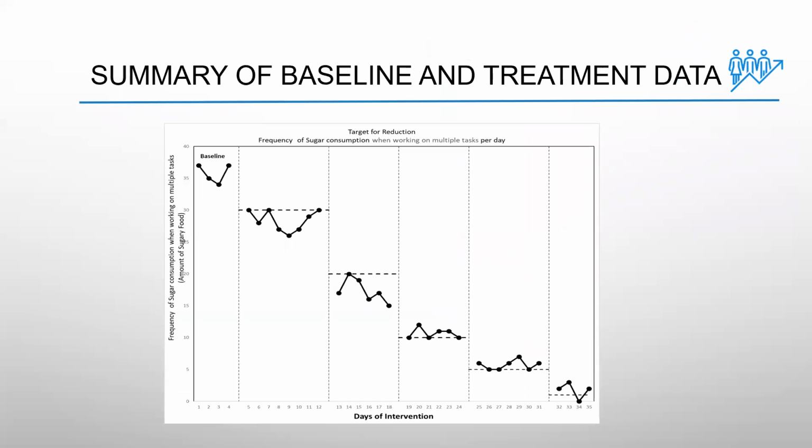Okay, and this is the summary of the baseline and treatment data. And here's the baseline where we started, between 40 and about 34. That's how we started. And then here's when we went to 30. We went up and down, and then we went down, and then we went up again. And this is where I added that extra token to help me place that sugar snack back in the snack basket.